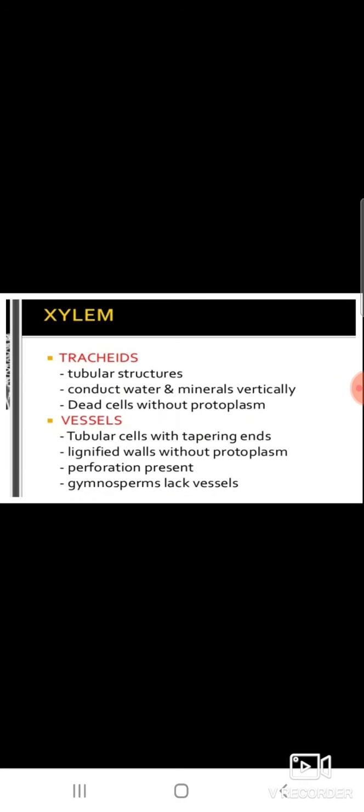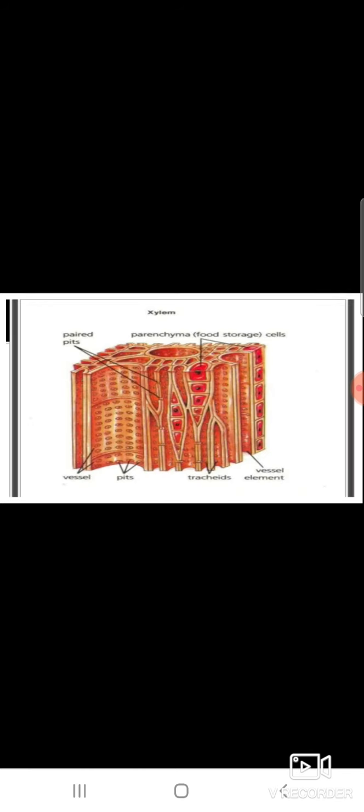Tracheids and vessels are tubular structures that conduct water and minerals vertically, dead cells without protoplasm. Vessels are tubular cells with perforated ends and lignified walls, without protoplasm. Gymnosperms lack vessels.